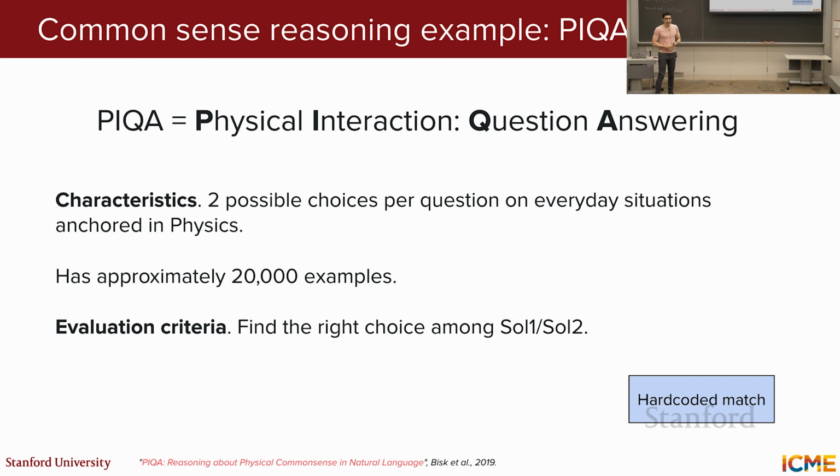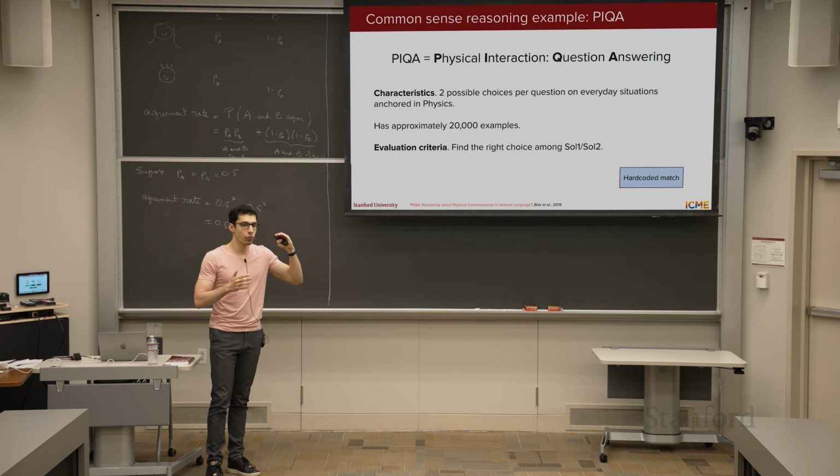And then the second kind of reasoning that we mentioned here was so-called common sense reasoning. The one that is often used these days is PIQA, so physical interaction question answering. These are tasks that are deeply grounded in the physical real world.